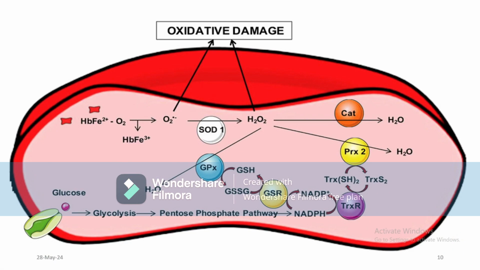So this is a pictorial view of what I have discussed. Okay, this is glycolysis, the pentose phosphate pathway. In the presence of G6PD enzyme, it generates reduced nicotinamide adenine dinucleotide phosphate, which also generates reduced glutathione.